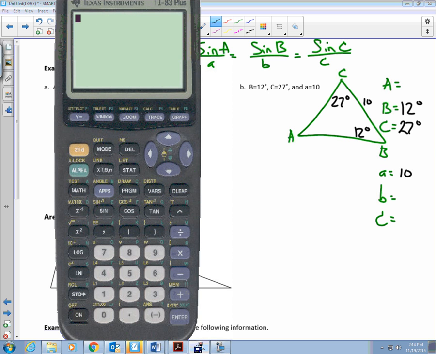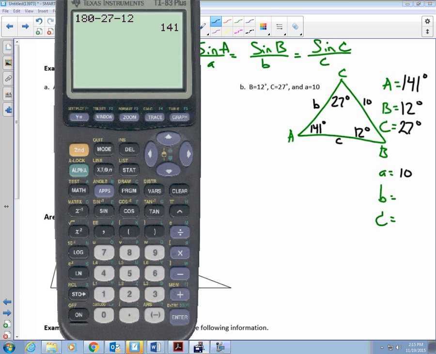So I'm going to take 180 and subtract 27, and the angle is 141. So I've got these three angles. I only have two other things that I need to find now, and that is side B and side C.